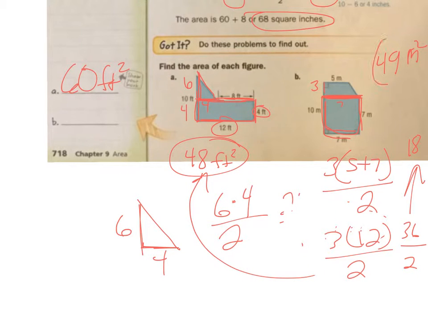So now I have 49 goes here, and my 18 is in this smaller one. When I add those together, I get 67 meters squared. Okay, so composite, you just draw a line, find your two different figures, find the area for those two, then add those together.